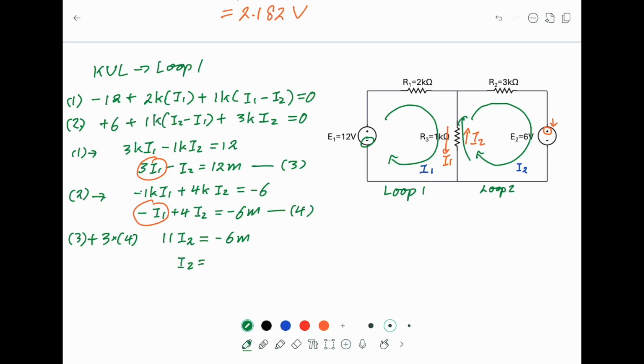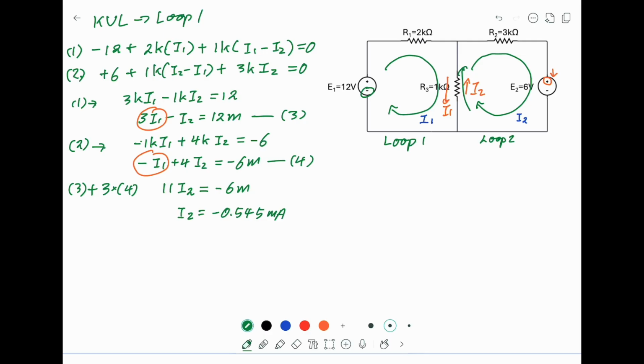I2 will become minus 6 over 11, and you will get minus 0.545 milliamp.